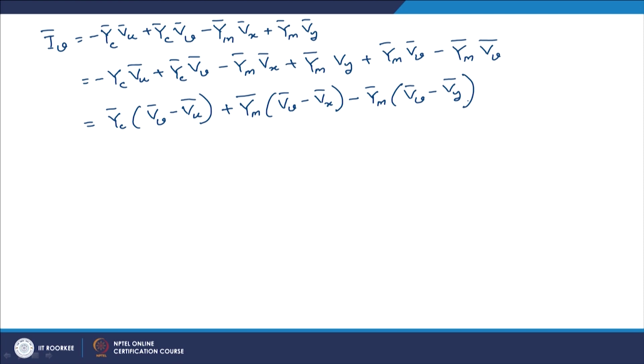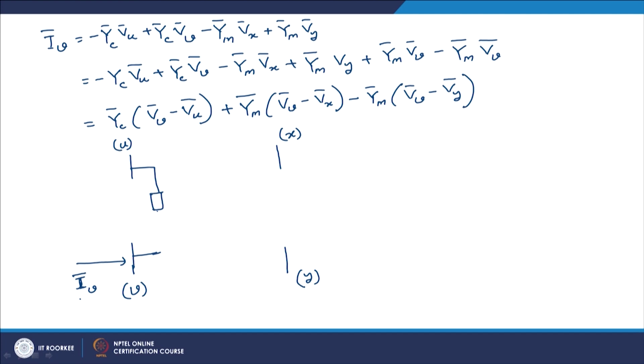Now we have bus u, bus v, bus x, bus y. Iv is the injected current at bus v, and the first term is Yc into Vv minus Vu. So, this is Yc.